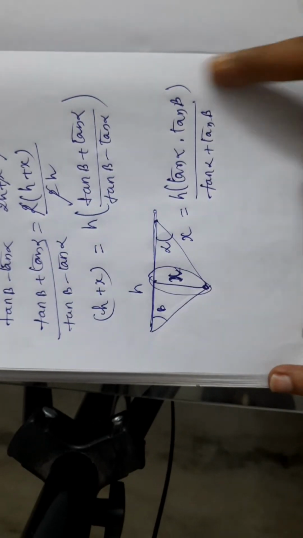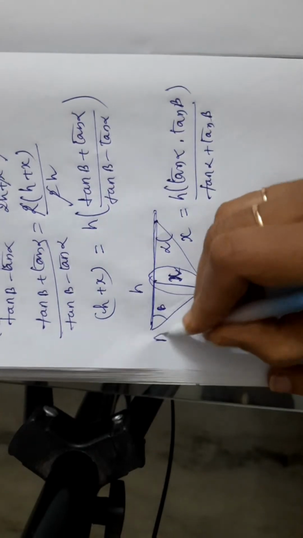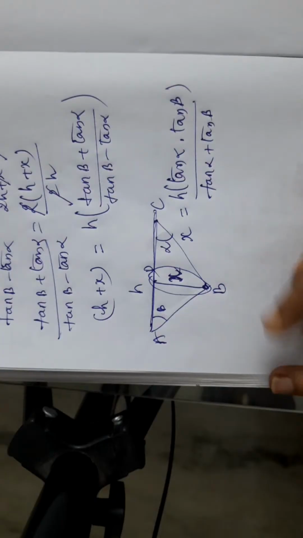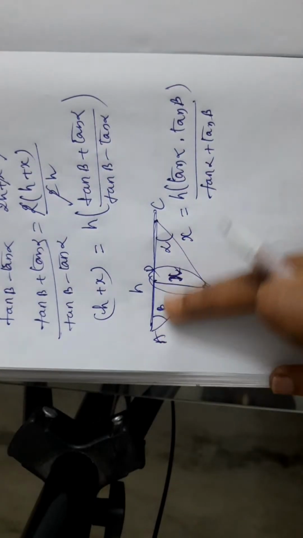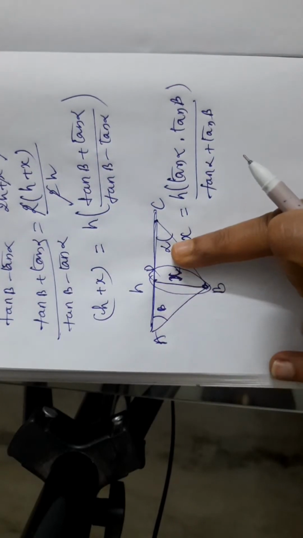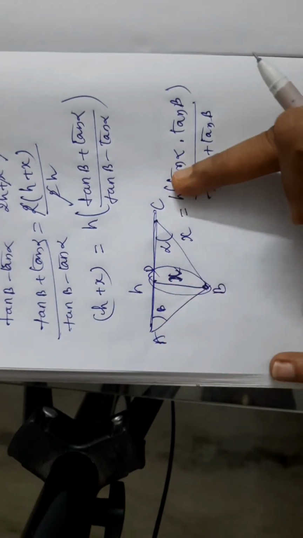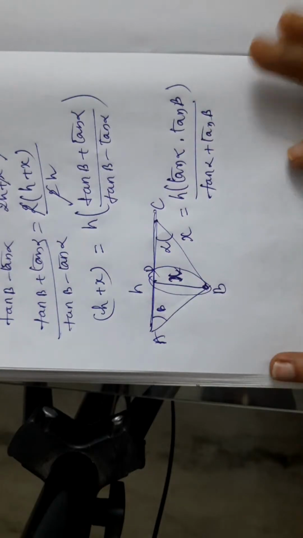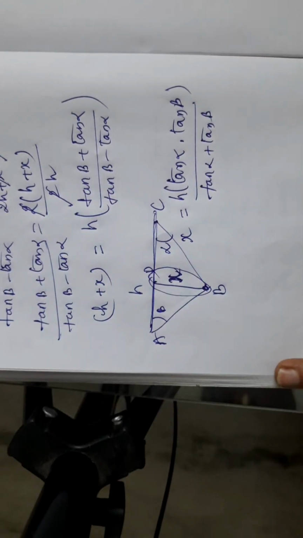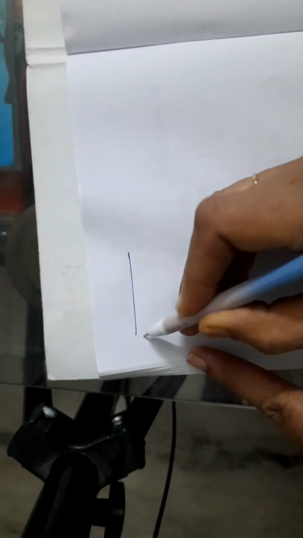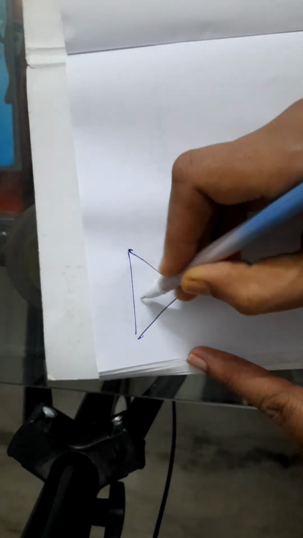Again in the same way we are going to start. First label the triangle. If we consider AD as H, then DC will be AB minus H, or we can add both to make H. Okay, so let's start the solution. Once again I need to draw the diagram instead of turning again and again. Here is the valley where the temple is.